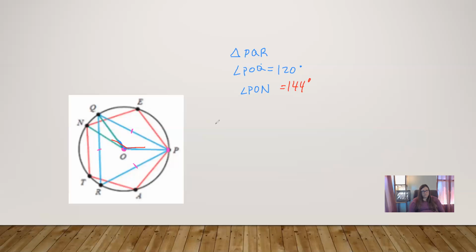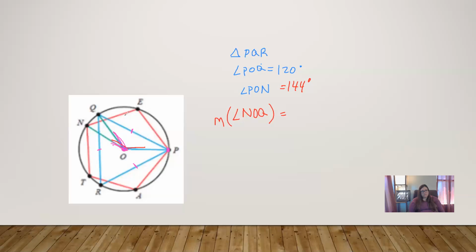So if we do angle NOQ, this is what we're trying to find. We're trying to find angle NOQ right here.